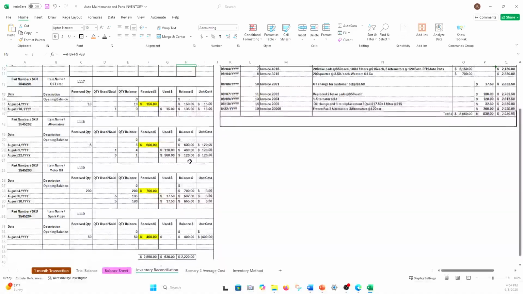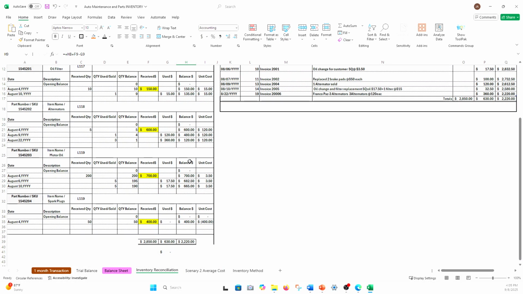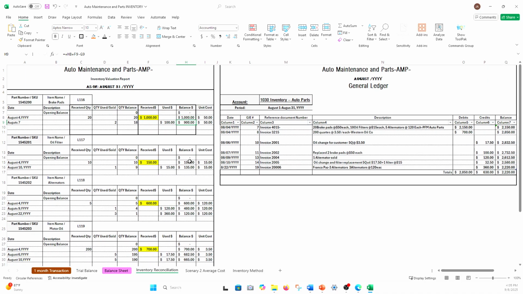Anyway, in here, technically we use just the average cost. Here we have the average cost, but I'm going to explain it in detail using just this item only, just to explain what the difference is between methods.